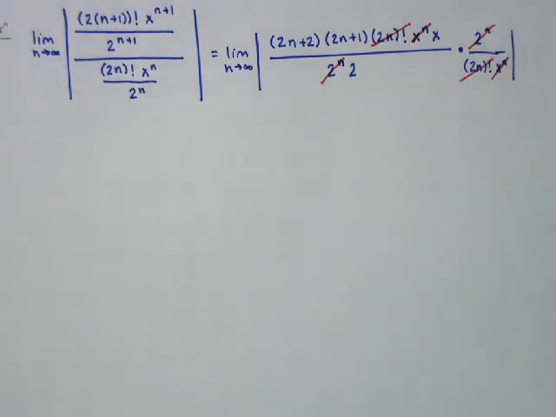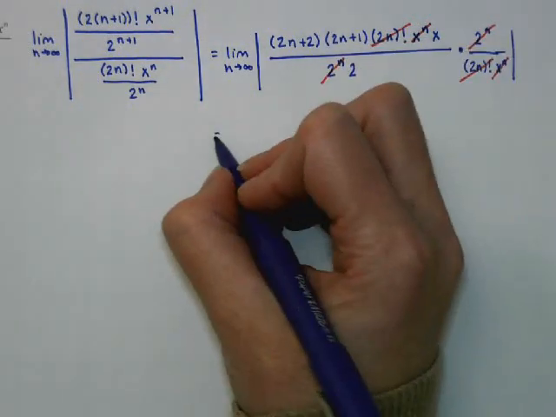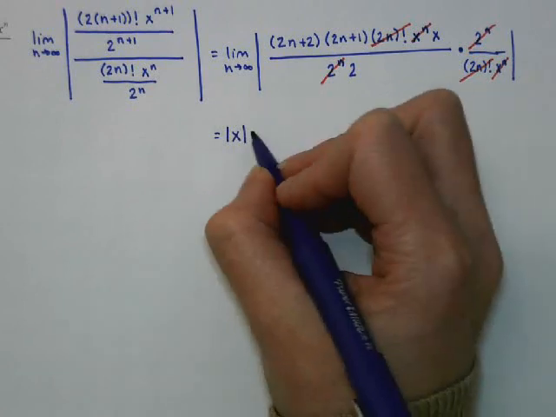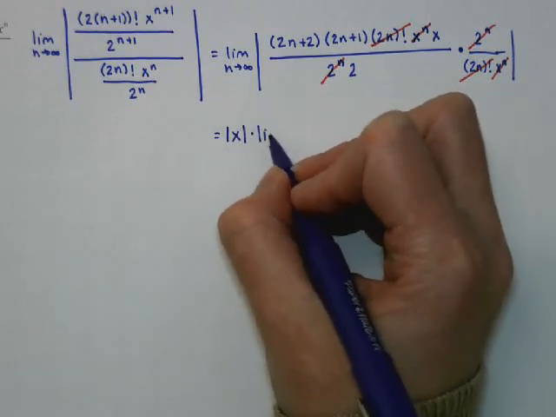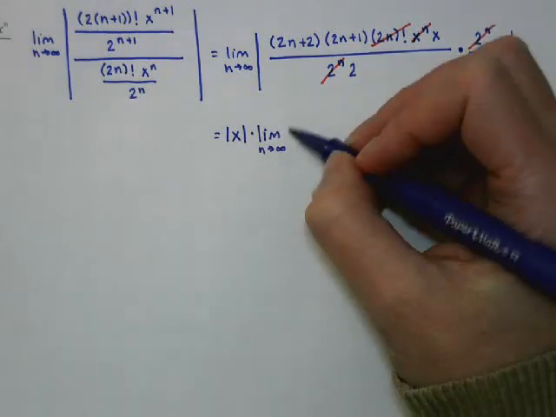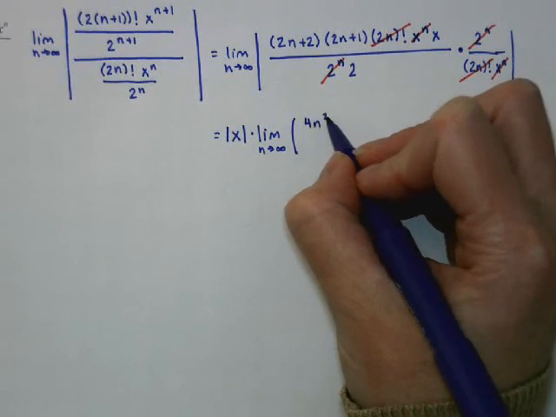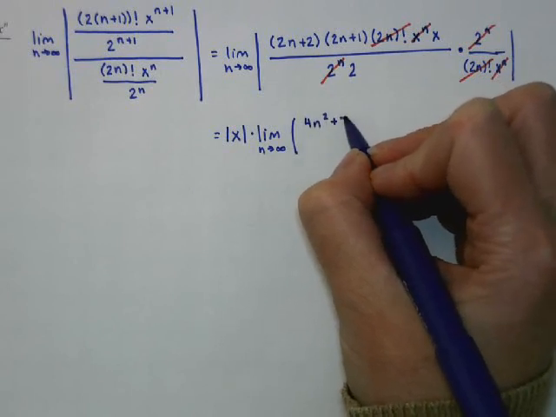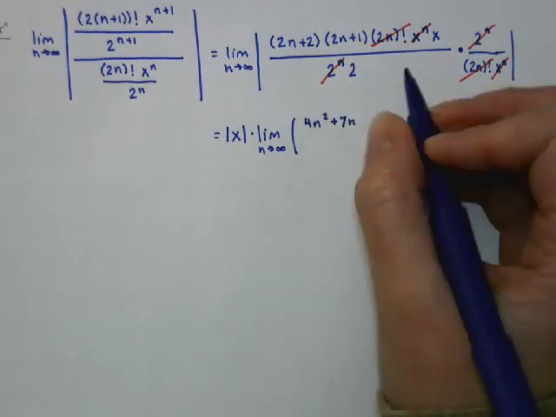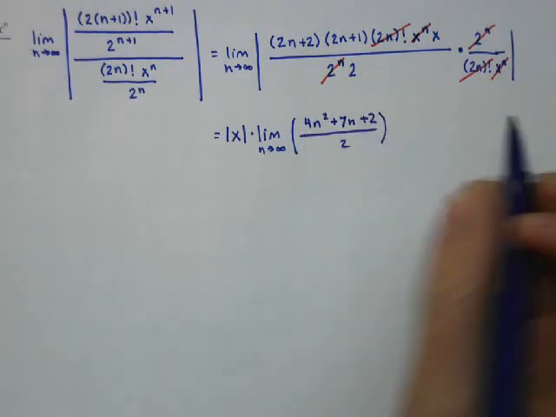So I'm going to again pull the x out with the absolute value. So that's going to leave me with 4n squared plus 7n plus 2 all over 2.